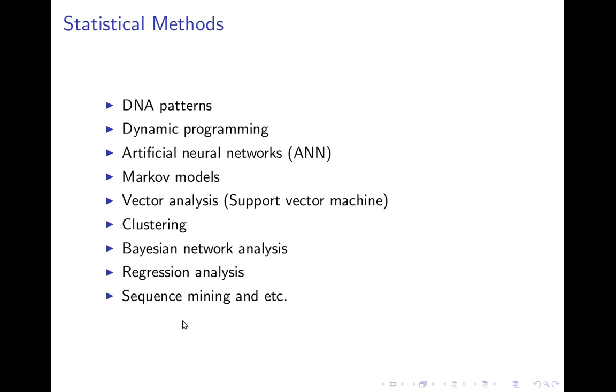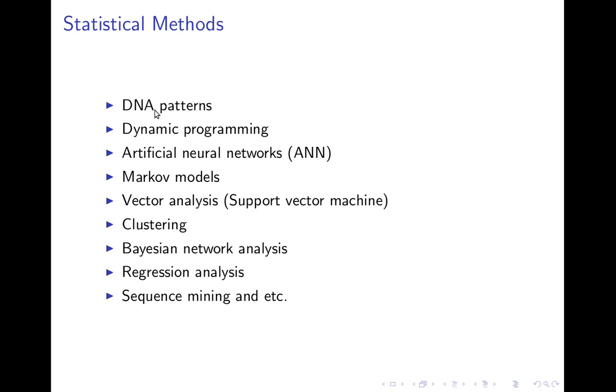Among these, regression analysis, Bayesian methods, clustering, Markov chains, and artificial neural networks are core statistical methods, and the rest of them are hybrid, where statistics is used combined with the methods of genomics.